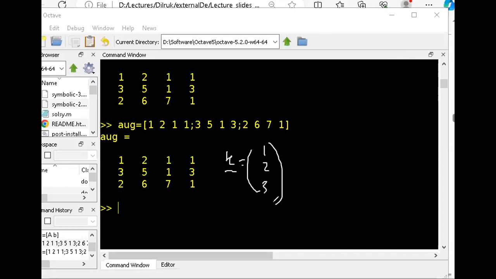After performing row operations, you can reduce this matrix to something upper triangular or lower triangular. Dealing with this matrix compared to this is simple.